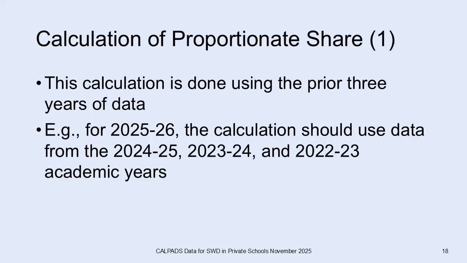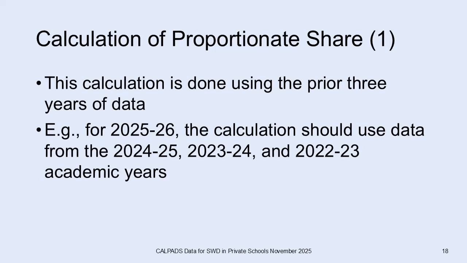All right, so let's get into the calculation of proportionate share. Many of you are used to calculating proportionate share based on 1 year of prior data. And that, I believe, historically has been CDE's guidance, telling you to just look at the prior year and identify these groups of kids based on the proportionate share calculation form.